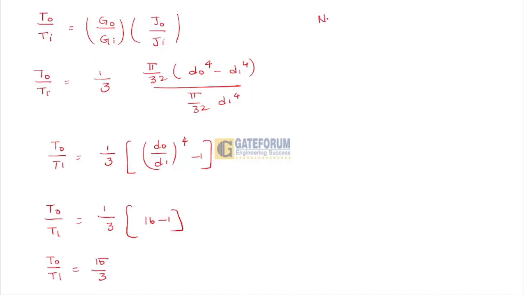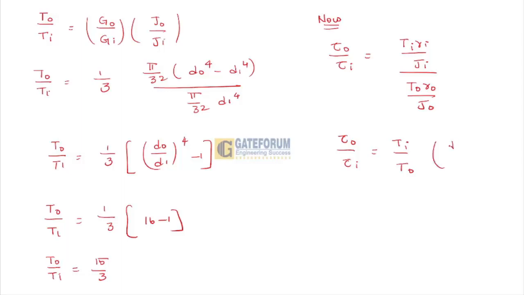We also know tau naught by tau i is equal to T naught R naught by J naught divided by Ti Ri by Ji. So tau naught by tau i is equal to Ti by T naught into di by d naught into d naught power 4 minus di power 4 by di power 4.